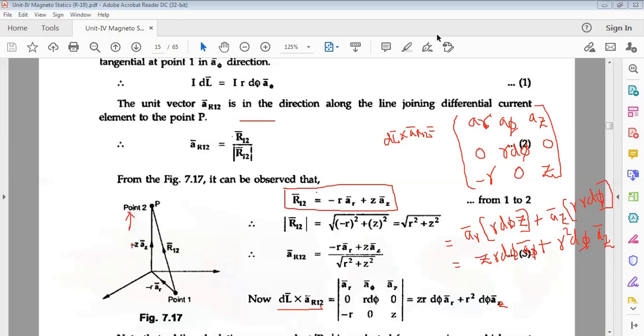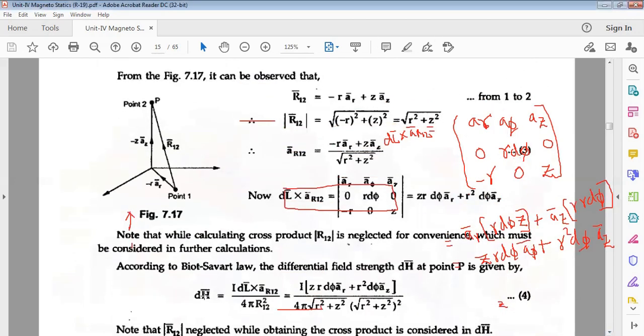Now substitute this equation in the H bar equation, or the differential dH bar. dH bar is equal to I dL bar cross AR bar by 4 pi R square.